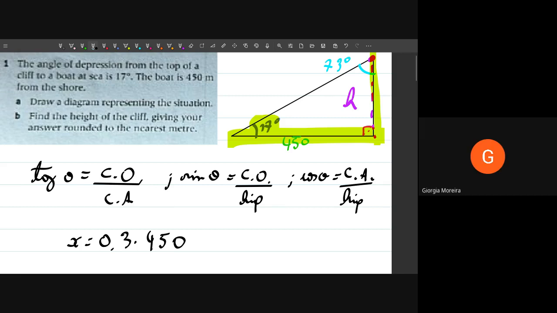I don't know. After you send me the photo, I help you. I clicked something and now I don't know how to exit. Okay, let me see. My calculator is similar to yours.